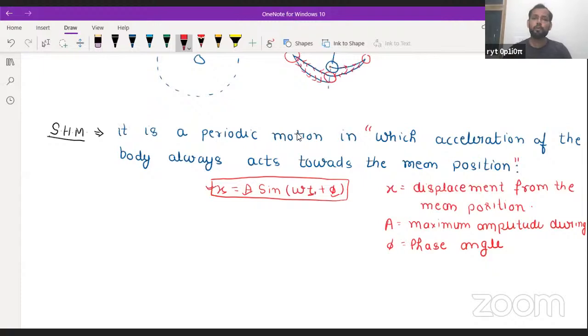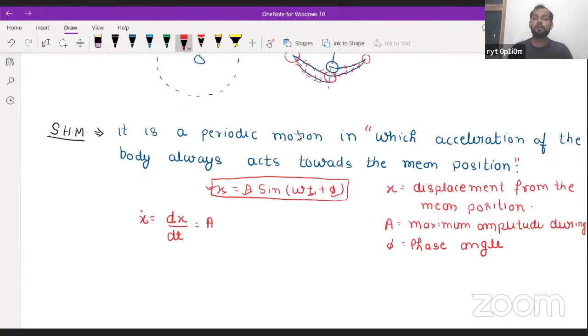Now if you want to know the velocity, velocity is nothing but v, or we can write it as x dot. So x dot is nothing but dx over dt. If we differentiate this term with respect to time, because A is a constant, it will come outside.